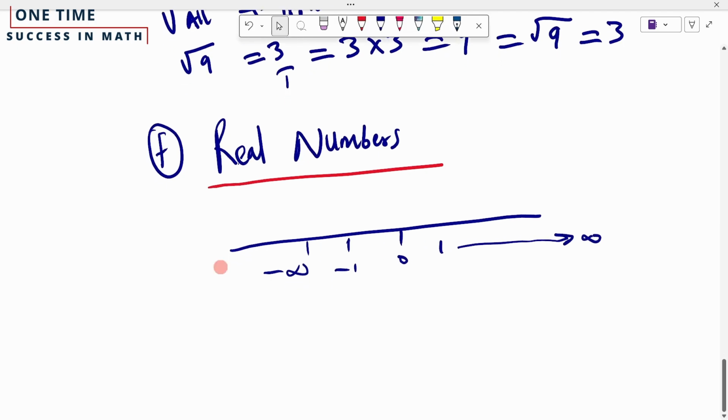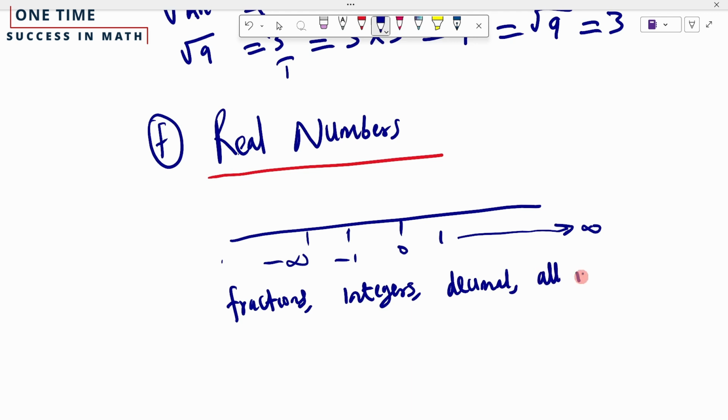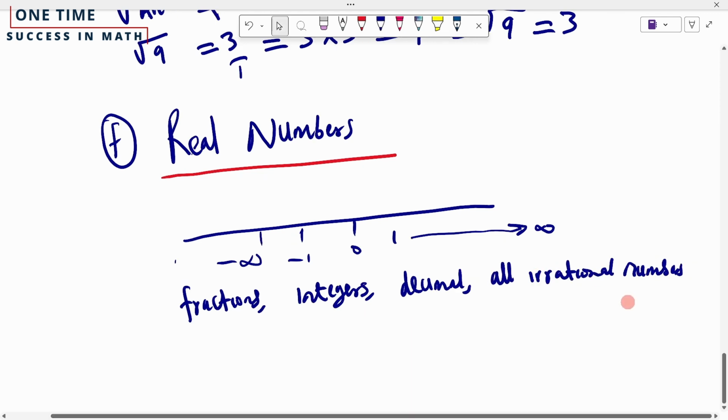So real numbers is any number that can be found on a continuous infinite number line. It comprises fractions, integers, whether terminating or repeating decimals, any form of decimal, and all irrational numbers, that is, numbers that never end and will never repeat.